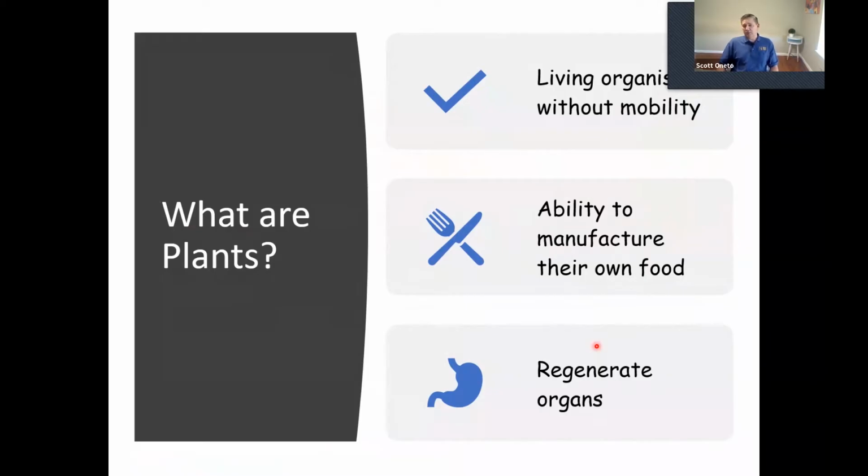So, choosing the right plant for the right place is really critical because, unlike other living organisms, if the temperature outside is cold, they don't have the option to go somewhere where it's warmer. They don't have the option to go in and put on a sweater or a jacket, or to shed clothes to stay cool.